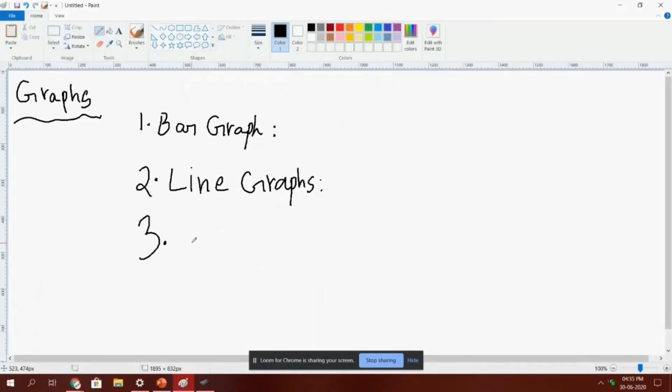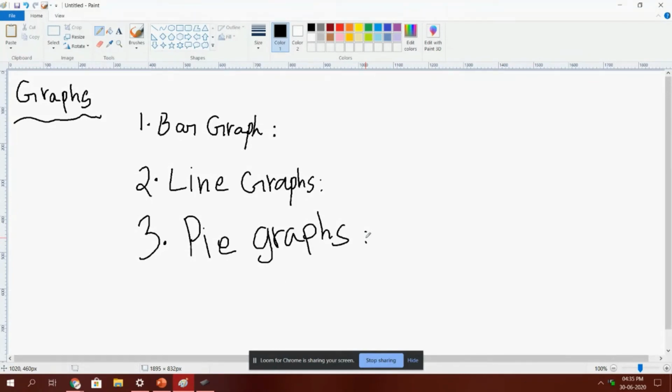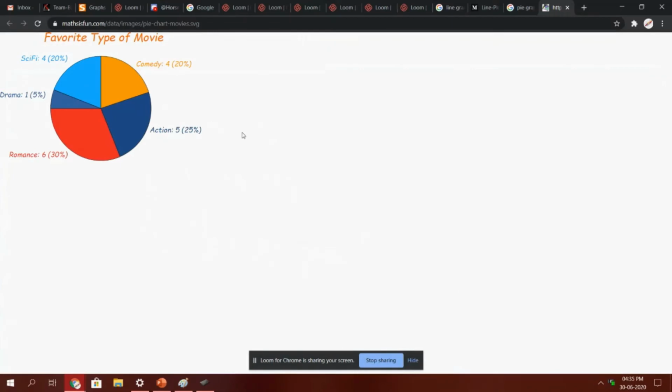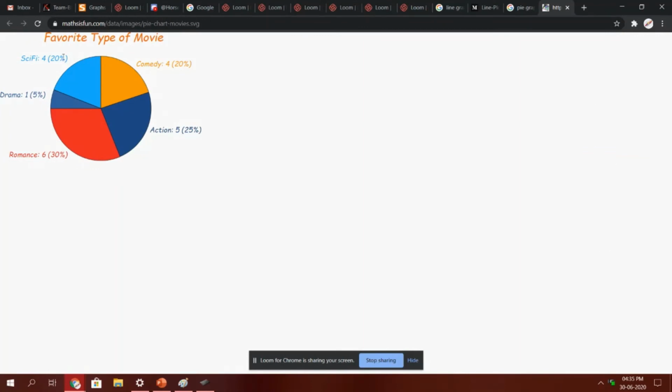The third variety of graph is pie graphs, also known as pie charts. You can call it whichever way you want. Pie charts look like this. They are round, like a circle, and they represent data and percentages.